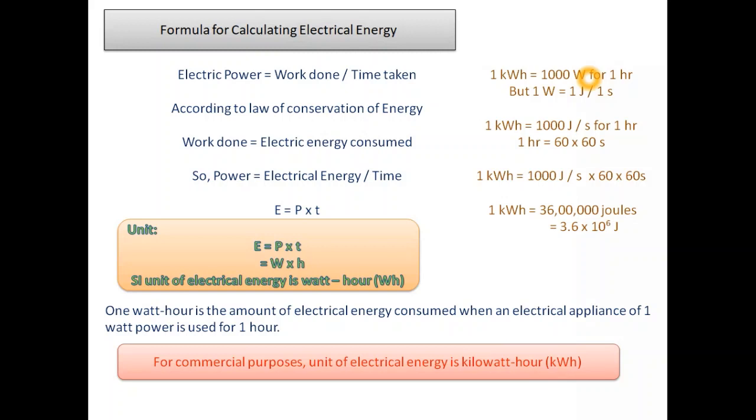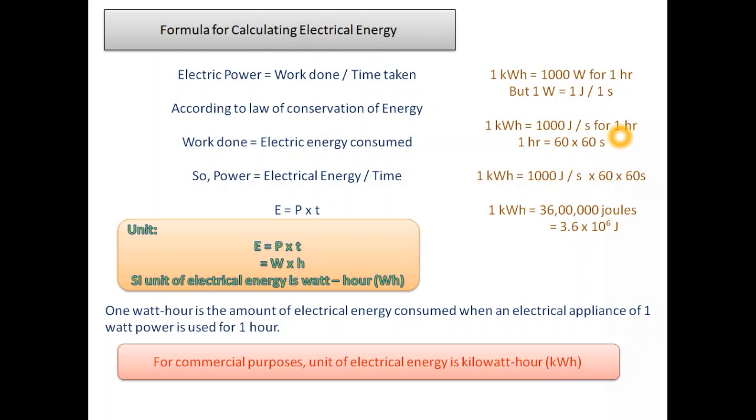Now we know that 1 watt is equal to 1 joule divided by 1 second. So for 1 watt we can write 1 joule divided by 1 second, then for 1 hour.